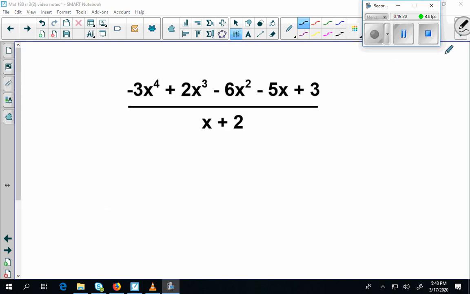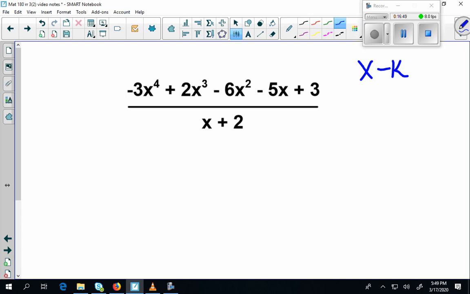All right, let's look at this one. I have negative 3x to the fourth plus 2x to the third minus 6x squared minus 5x plus 3, all being divided by the binomial x plus 2. So I want to use my synthetic division, but you remember that your divisor needs to be written in this x minus k form.